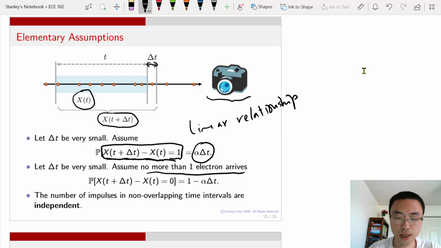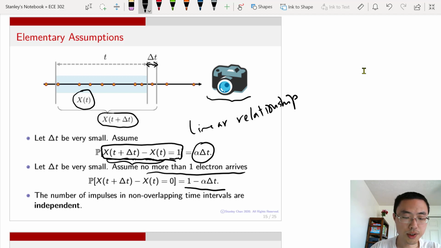If that holds, then you can take the complement, one minus the other event, because during this interval you are either getting 1 or 0. So if it is not 1, then you have to get 0. That's why you have 1 minus this probability. If this assumption doesn't hold, then you cannot do this complement.